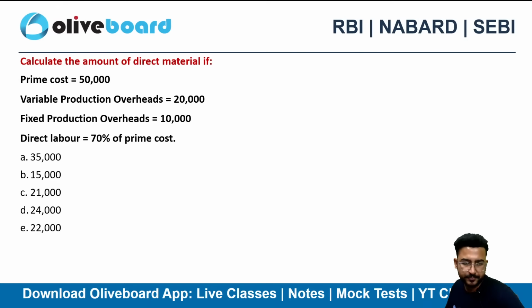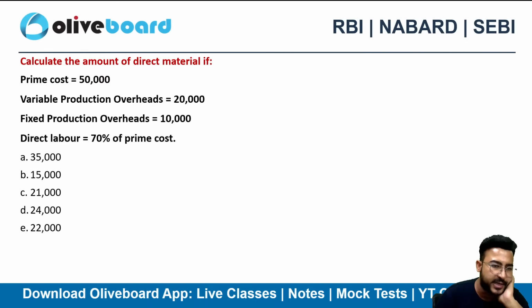Tell me this one. Calculate the amount of direct material. Prime cost is given, variable production overhead is given, fixed production overhead is given, and direct labor is also given, 70% of the prime cost.